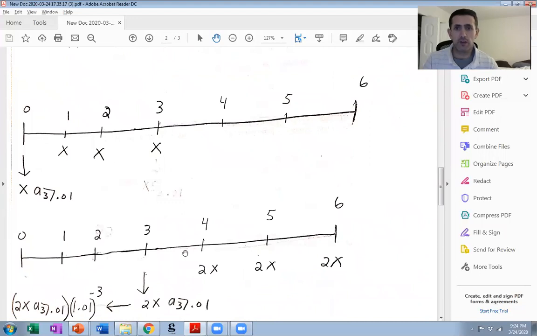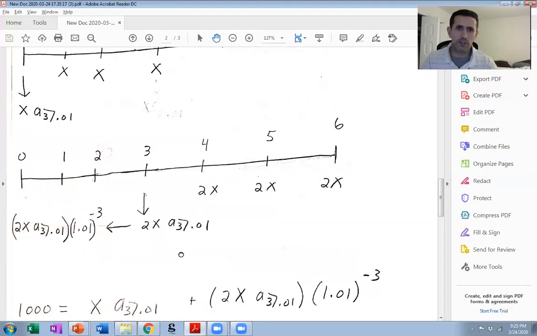The present value at t equals 3 of these 3 payments is 2X a-angle-3 at 0.01. But we don't want the present value at t equals 3. We want the present value at t equals 0, because we want the present value of all the loan payments. That's going to be equal to 1,000, the loan amount, so that we can solve for X. So we discount this by 3 months to get the present value of these 3 loan payments at the beginning of the loan.